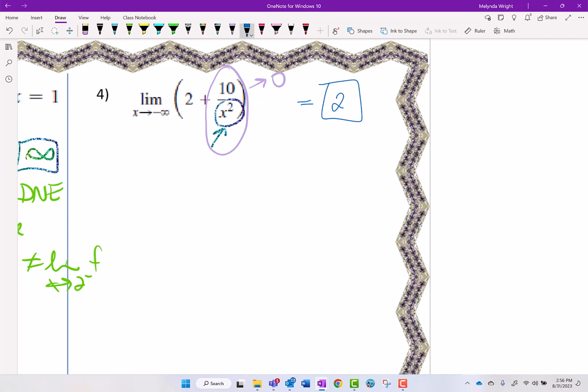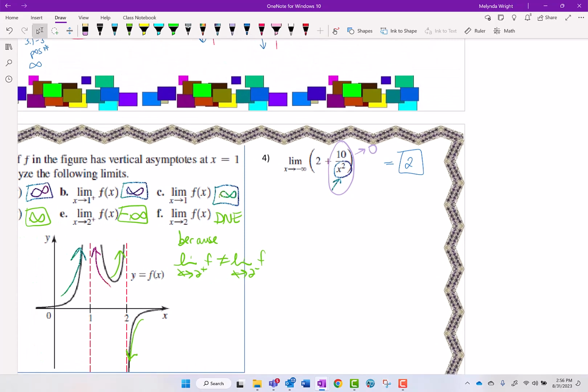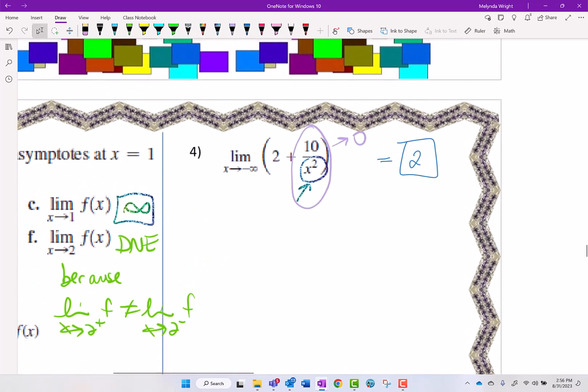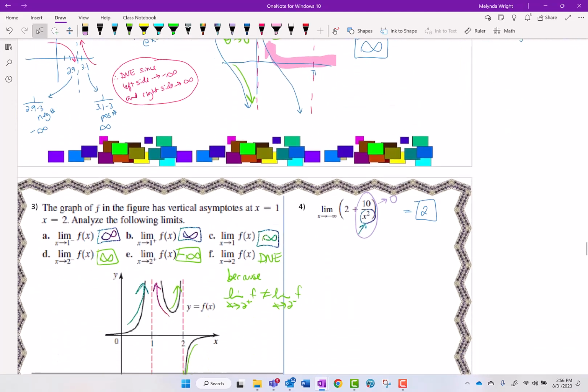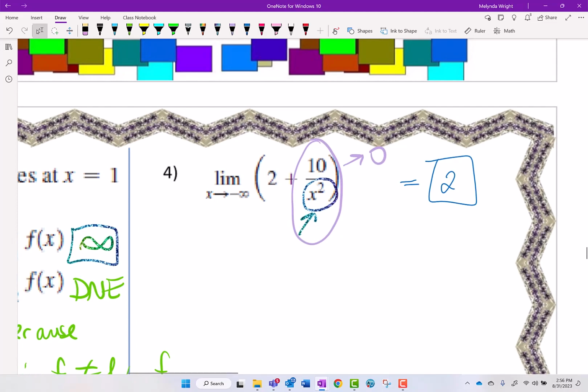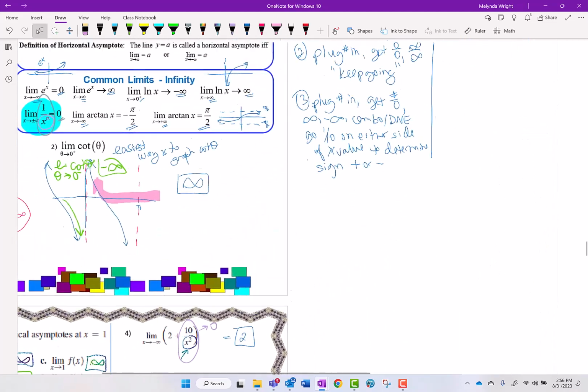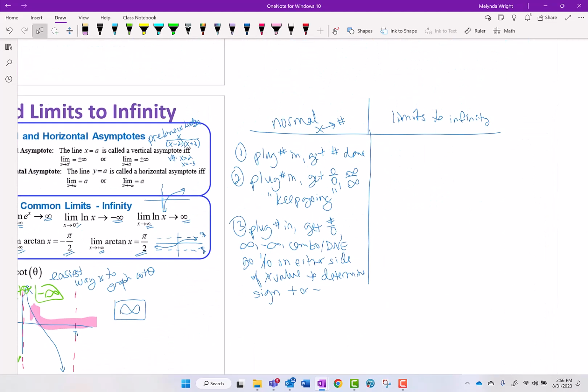Okay, do you see how in this one, so let's talk just real briefly. I want to just try to keep us together. So the techniques for limits to infinity, so far, we've used graphs and we've used this special limit. So I'm going to write over here, these are our limits to infinity techniques.